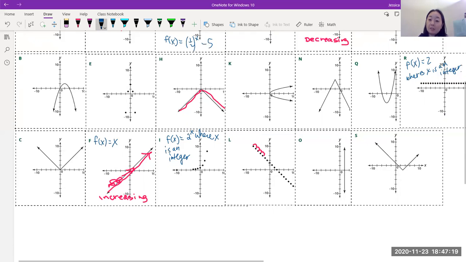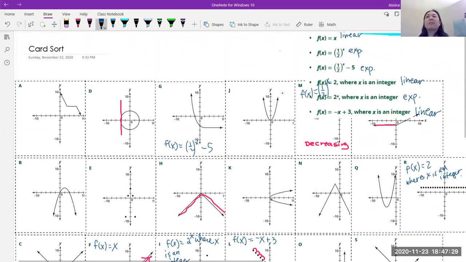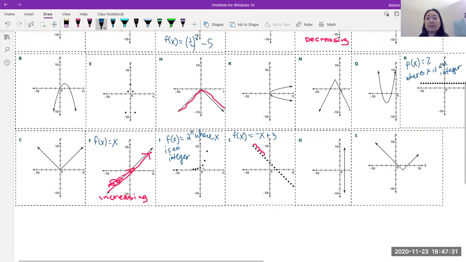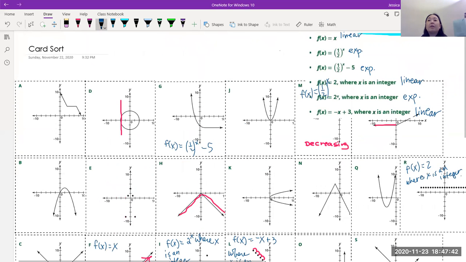There we go. And it's all integers. So it's going to be f of x is equal to negative x plus 3. I believe I got that right. Negative x plus 3. Yep. And then where x is an integer. All right, and those are all the equations that we found so far.